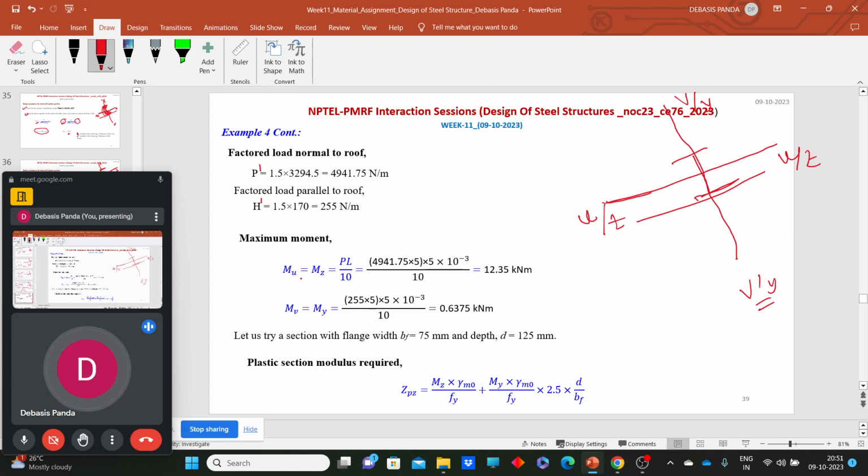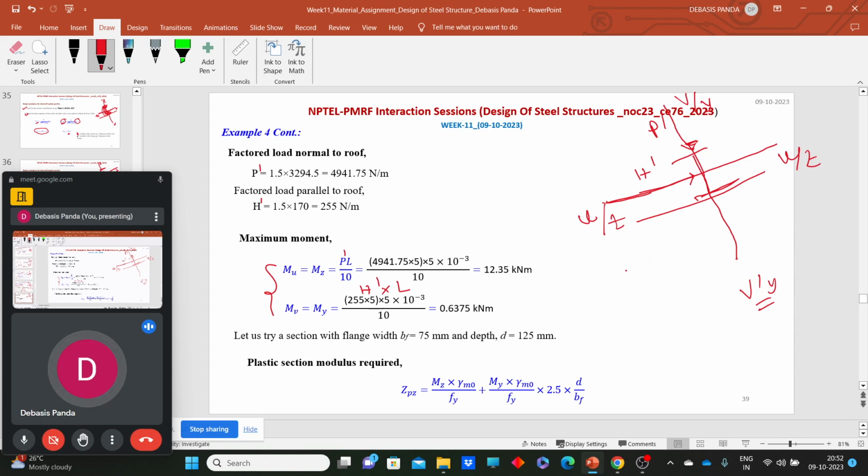So what should be the moment with respect to the zz or uu axis? Say P dash is the total load acting normal to this, and this is nothing but your H dash. Subsequently we can calculate it as H dash into L upon 10. So the moments about two axes we have calculated.